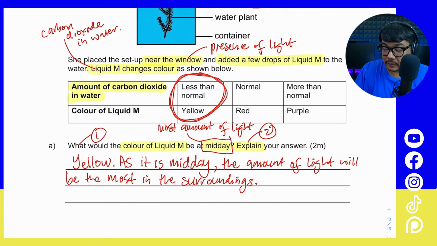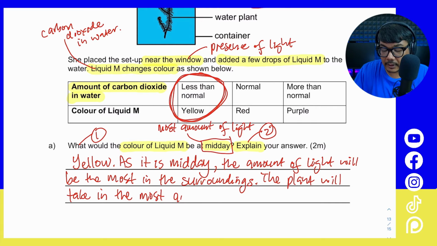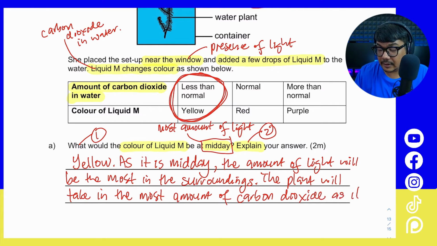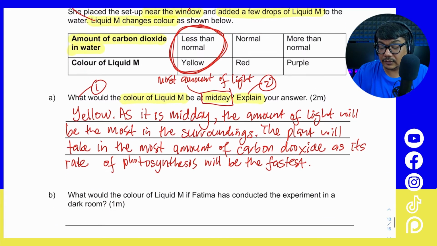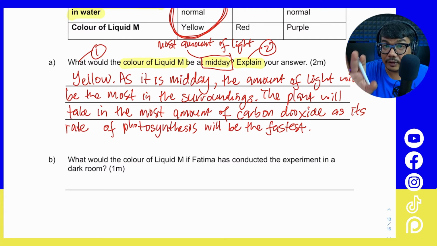So this would mean that the plant will take in the most amount of carbon dioxide, as its rate of photosynthesis will be the fastest. Full stop.